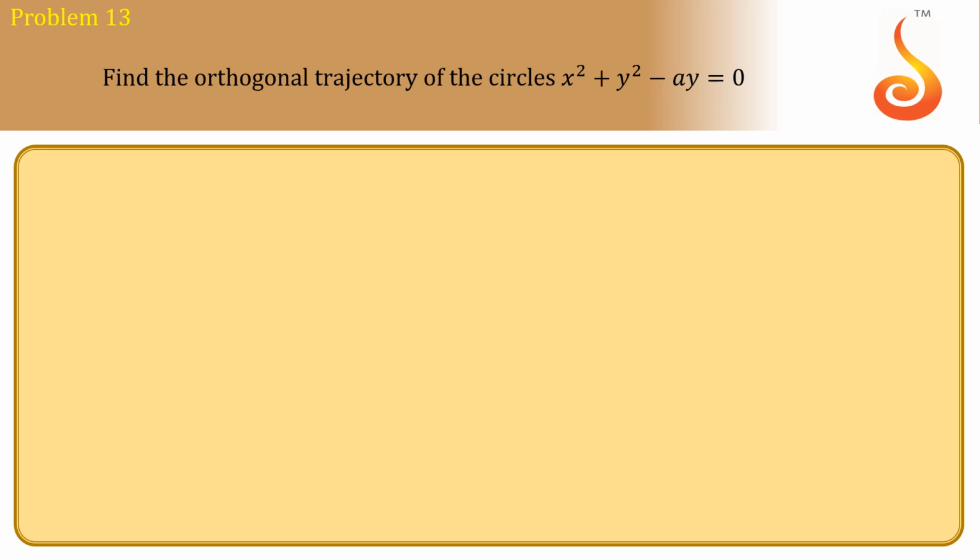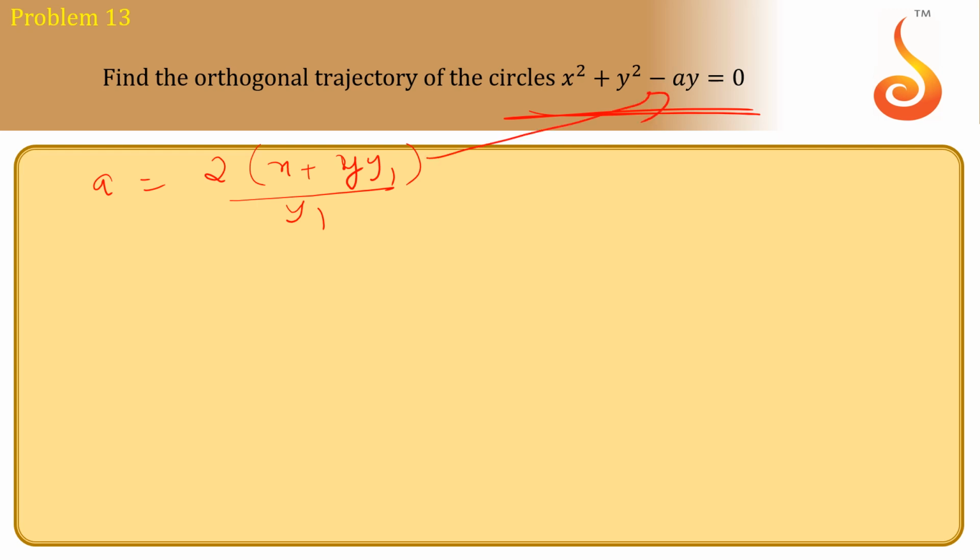Next problem. Find the orthogonal trajectory of the circles. Okay, some family. Circles x square plus y square minus ay equal to 0. So if you differentiate and write, you will get a equal to 2 times (x plus y y1) by y1.